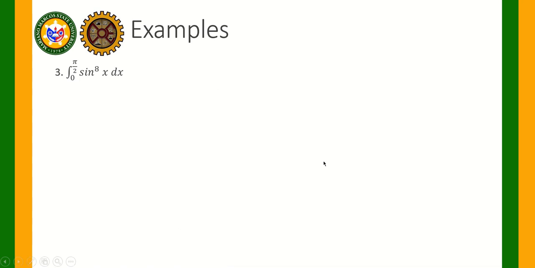So, madali lang siya. Now, we try example number 3. So, our m is equal to 8. And our n is equal to 0. Obviously, kasi wala tayong cosine. So, ang gagamitin natin will be si case number 2, where n is equal to 0.